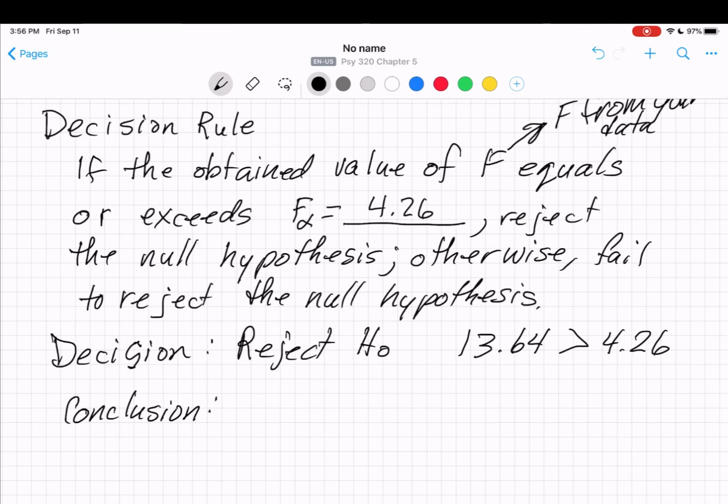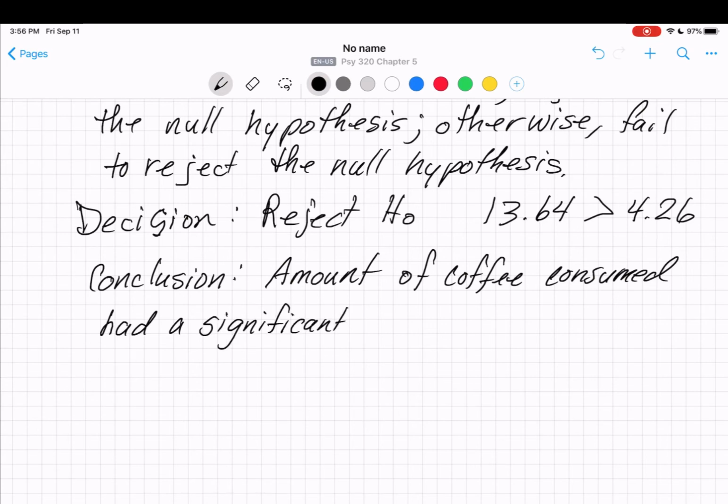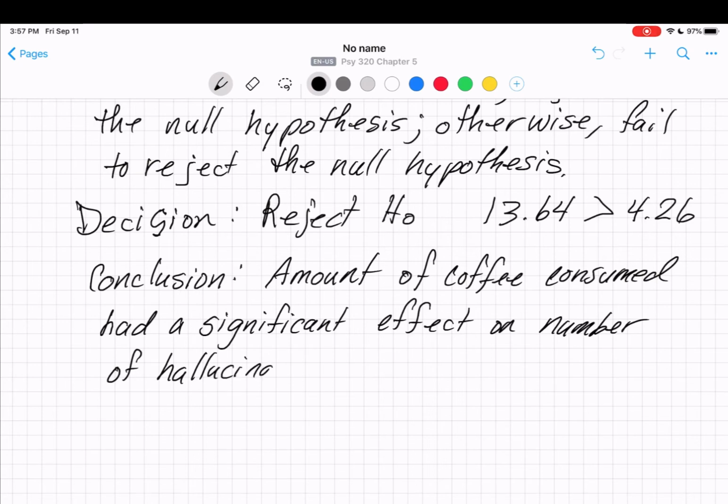So: amount of coffee consumed had a significant effect on number of hallucinations.